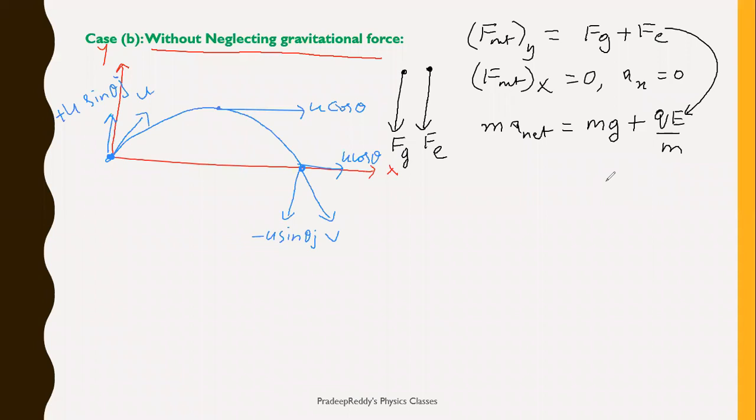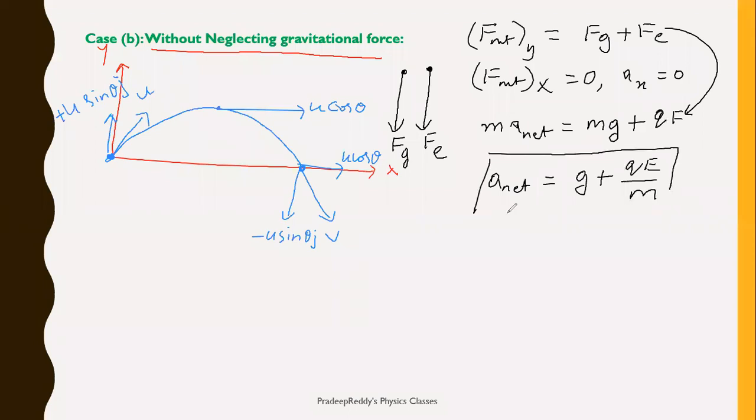Now, acceleration net can be written as m by m, which is g, plus QE divided by m, bringing that m over here. This is the net acceleration. So wherever g is there in kinematic equations, you replace that with g plus QE by m.